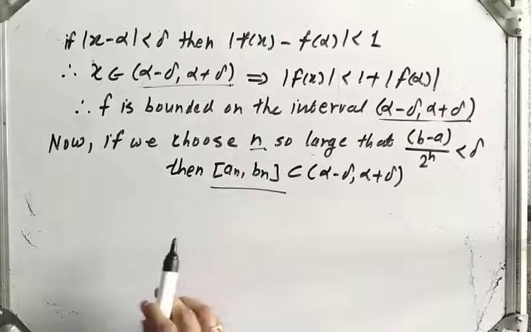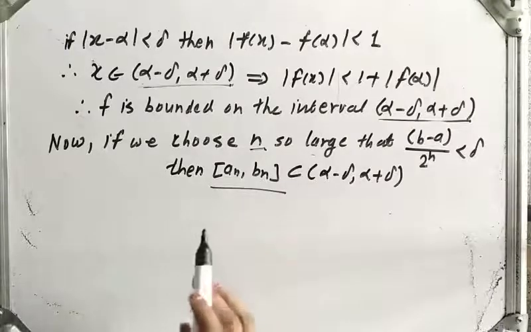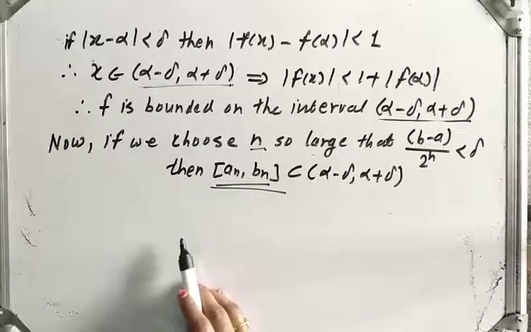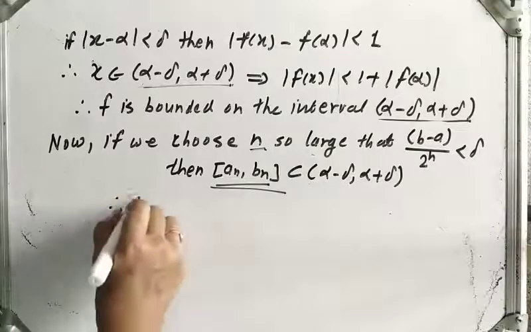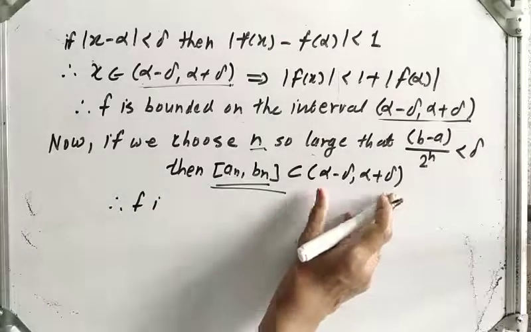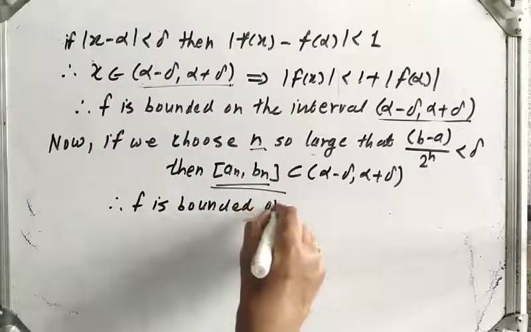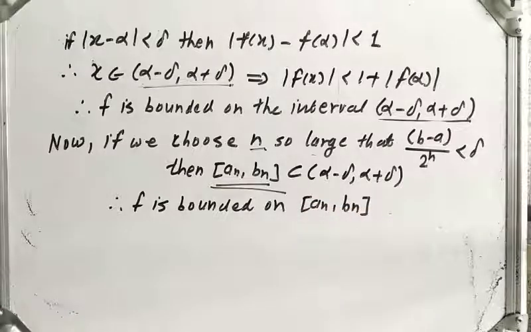But is it true? No, because by our assumption we have written that f is unbounded on a1 b1, a2 b2, an bn, means we get a contradiction here. So our assumption that f is not bounded is wrong, therefore f is bounded on I. Okay, so here we will write, therefore as f is bounded on this, f is bounded on closed interval an bn.